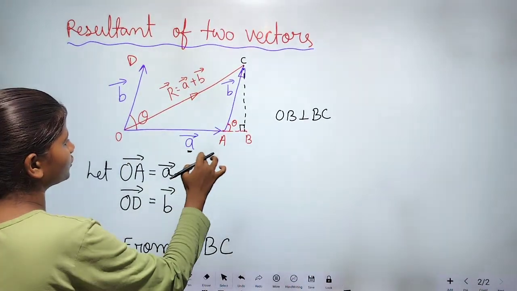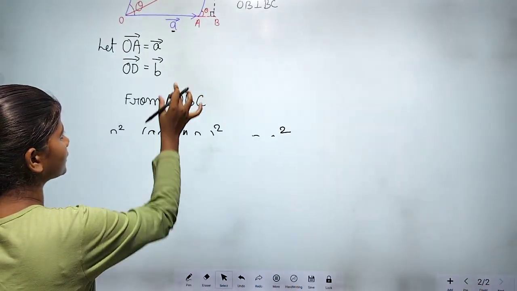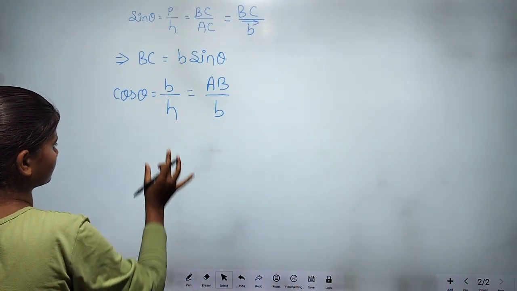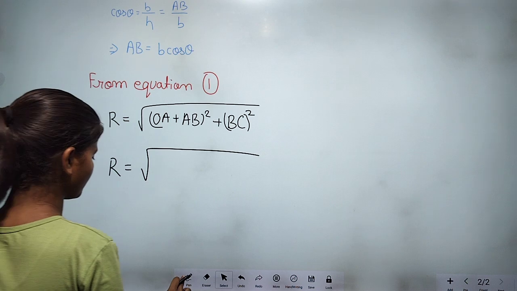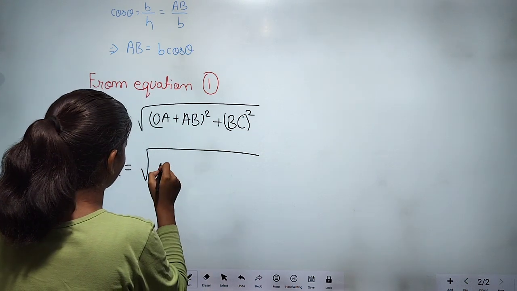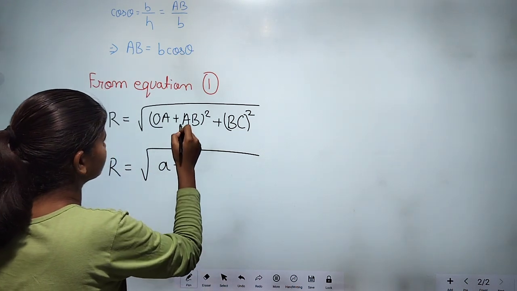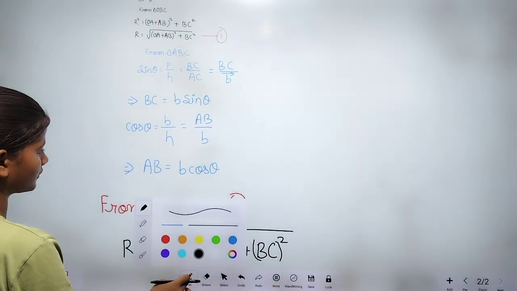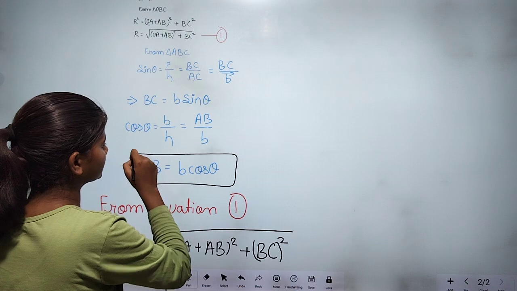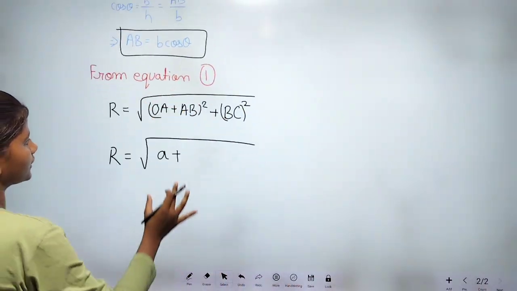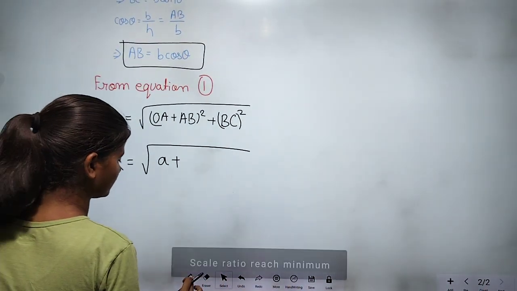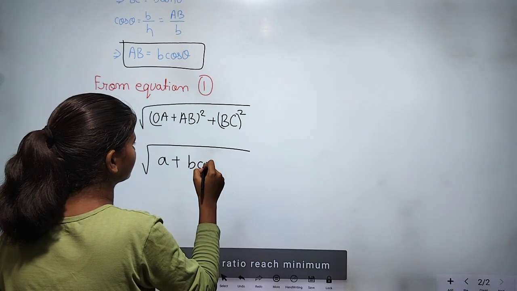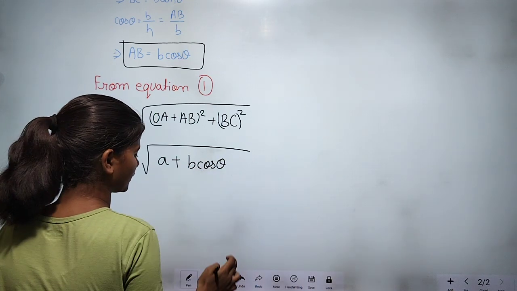OA is equal to A. So here we can write A plus AB, and in the place of AB we write B cos theta.